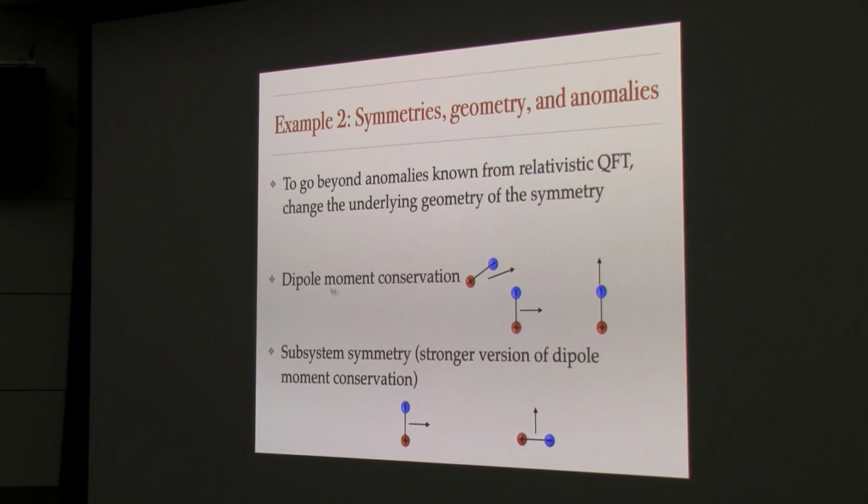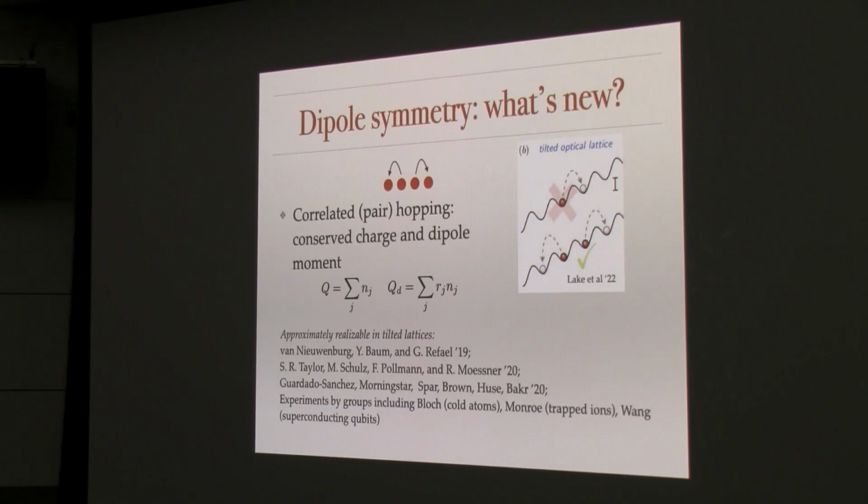And so the two things that I'm going to touch on are dipole moment conservation, okay, so a symmetry in which not just a total charge, but in fact a total dipole moment is conserved, and something that we call subsystem symmetry, which is basically a stronger version of this, but where I would say we understand more.